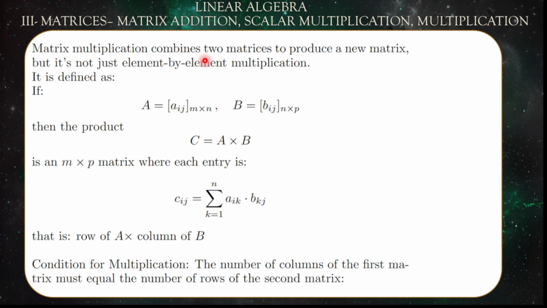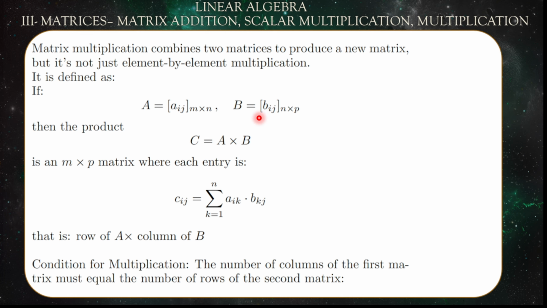Matrix multiplication combines two matrices to produce a new matrix. But it's not just element by element multiplication. It is defined as: if A is equal to a set of elements Aij, meaning that each element of this matrix has an index i for its row position and j for its column position, within an M by n matrix, meaning it has M rows and n columns.